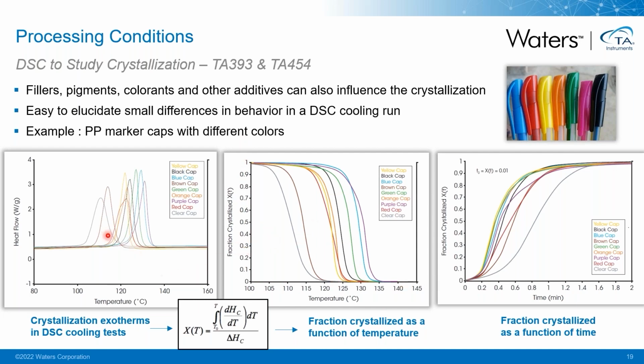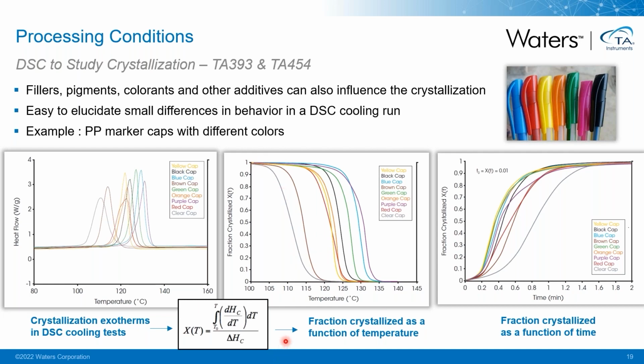The fraction crystallized being 0 at the start of the crystallization and being 1 when crystallization is fully finished. So we can now very clearly see that at a temperature of 120 degrees, for example, the purple cap is already fully crystallized almost, while the clear cap still needs to start crystallizing.